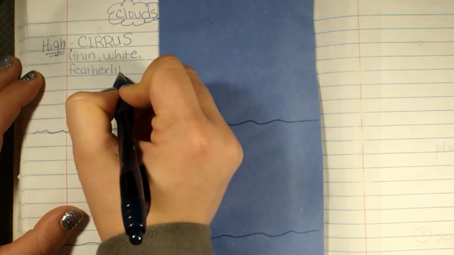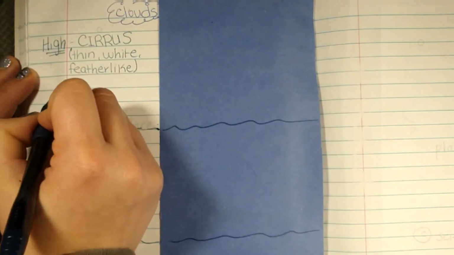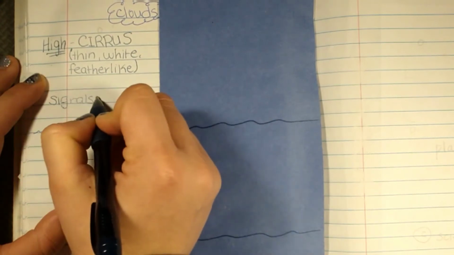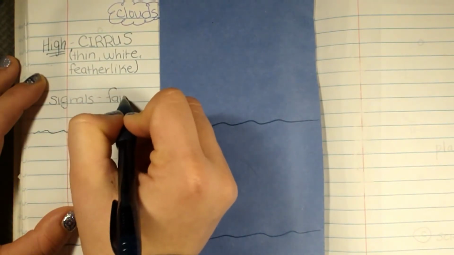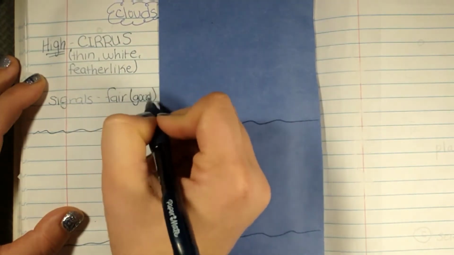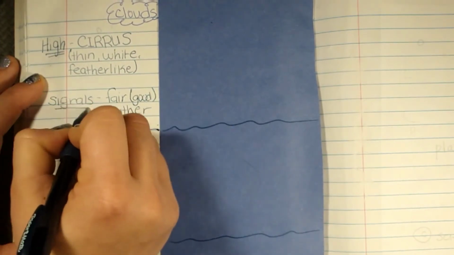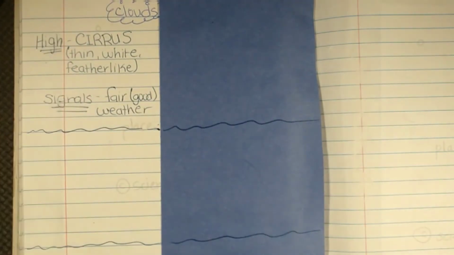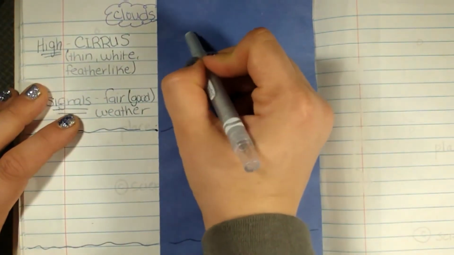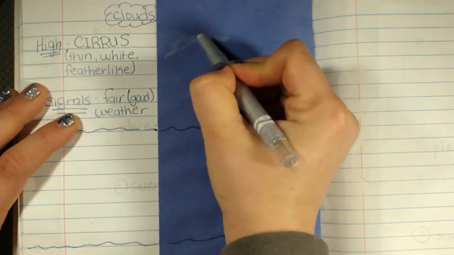We're going to draw a picture of that. This signals good weather, fair weather. Fair means good or decent weather. So I'm going to take my crayon and I'm going to show you what they look like. Kind of wispy.